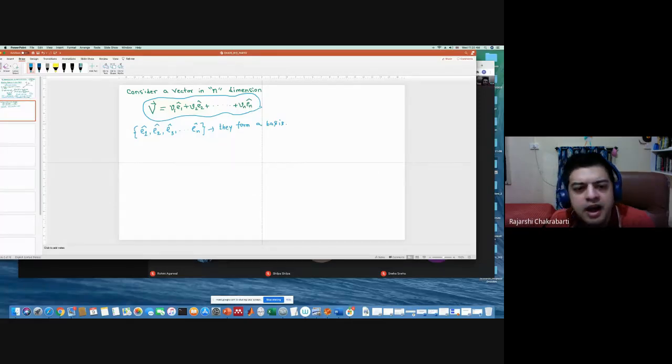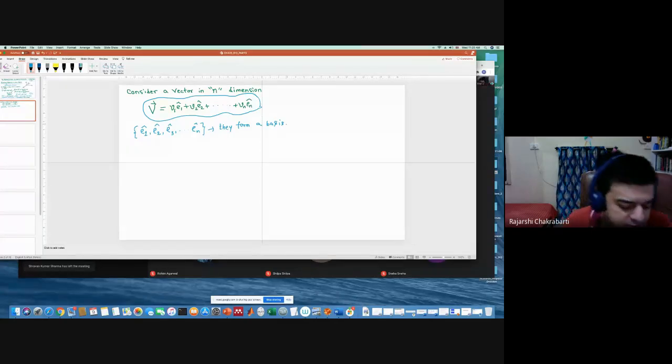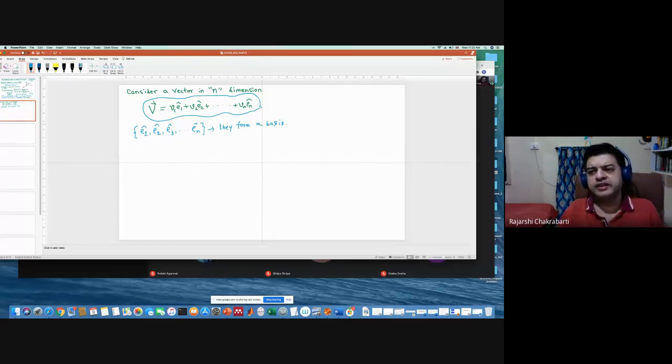Now I have been telling you that these are forming a basis. What is so special about these vectors? Can anyone tell me? Other than being unit vectors, anything special about E1, E2, E3? In 3D, it was Ex, Ey, and Ez.